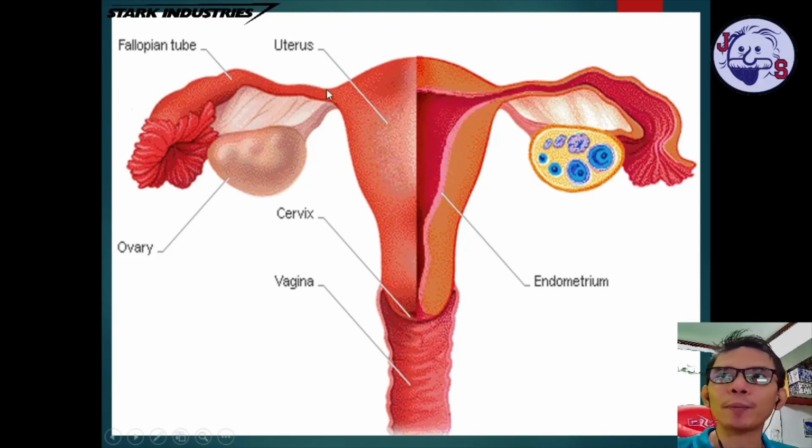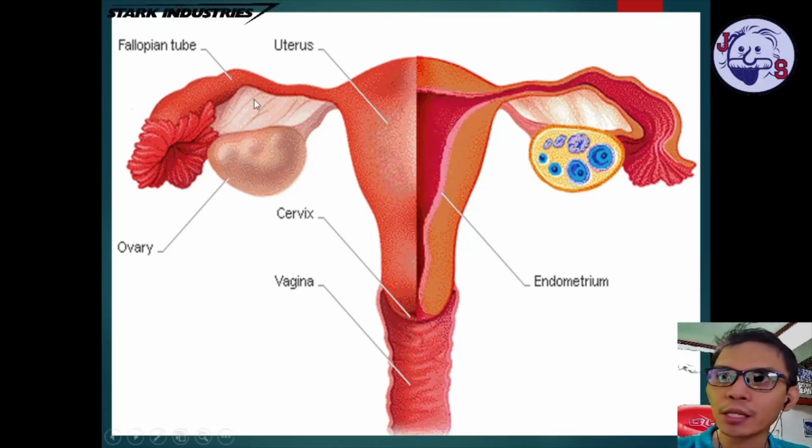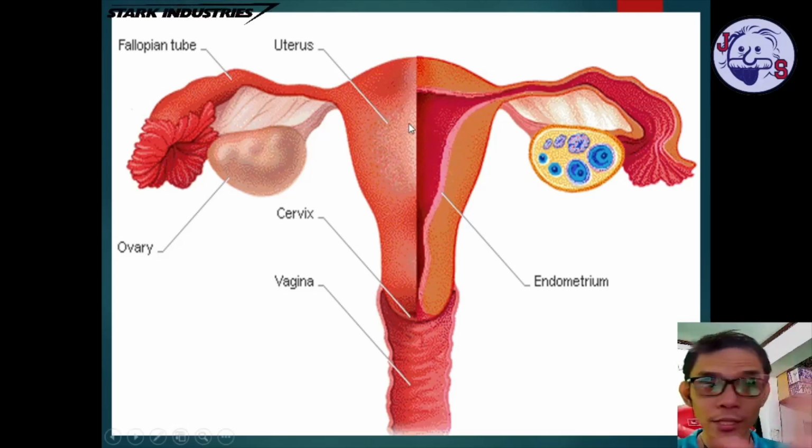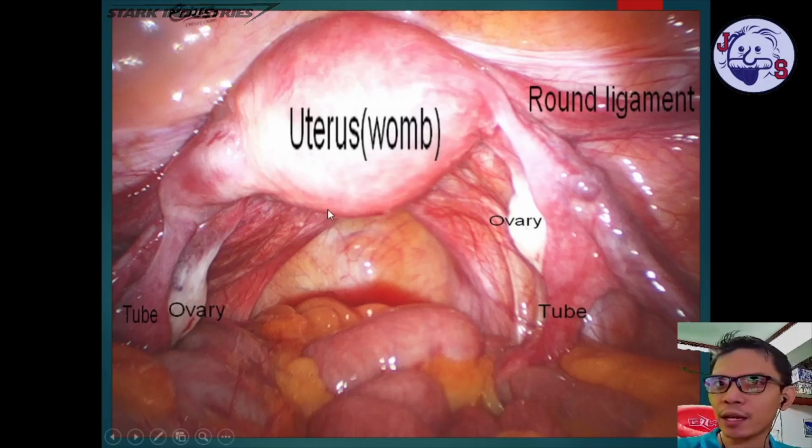The fallopian tube is connected to the uterus, and inferior of the uterus is the cervix, and below that cervix is the vagina, where it collects the sperm during sexual intercourse and so on and so forth. There are two ovaries and two fallopian tubes on both sides. Another view of the ovary and the fallopian tube in this case.